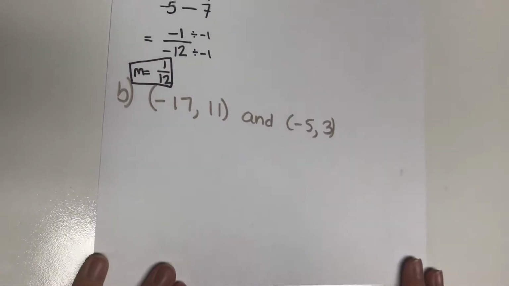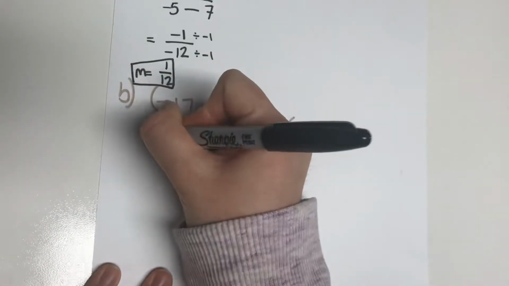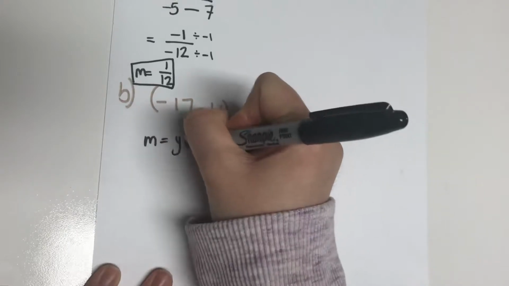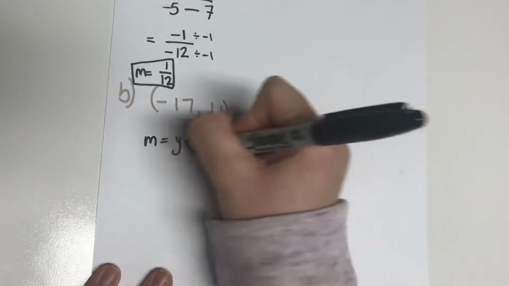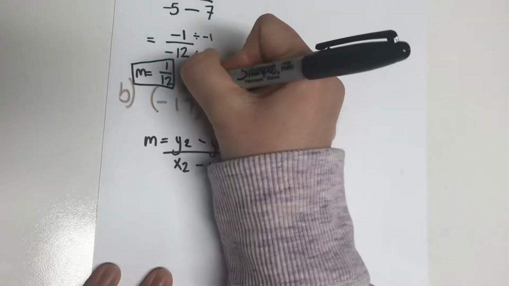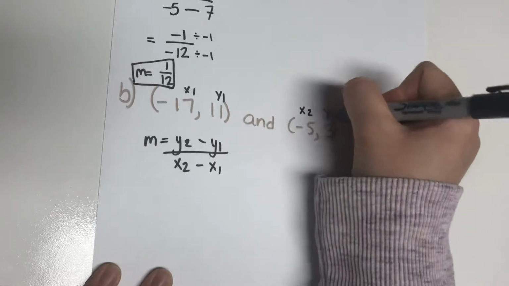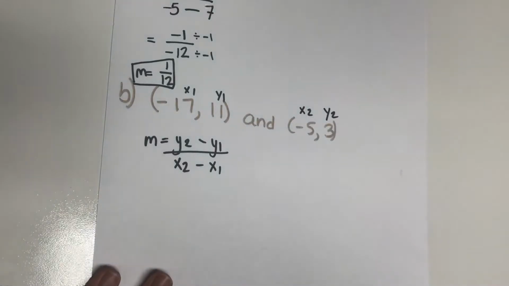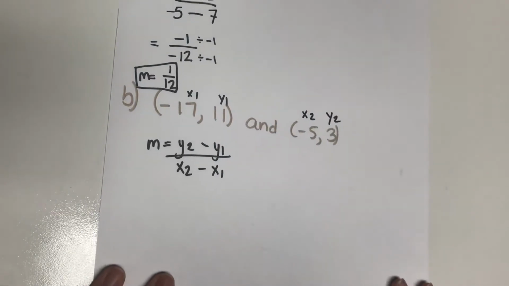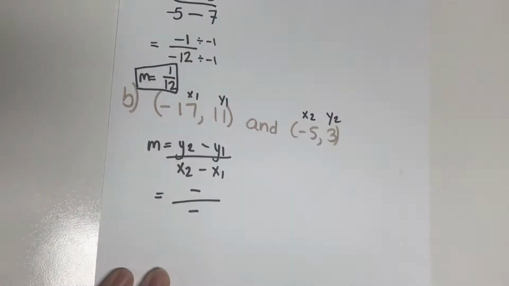Let's look at this one. I'm going to start again with my formula, y2 minus y1 over x2 minus x1, and I'm going to label x1, y1, x2, y2. Make sure you label everything properly, otherwise it'll throw off your calculations. And as I was saying, step 2, I'm going to write this first and then make my substitution.